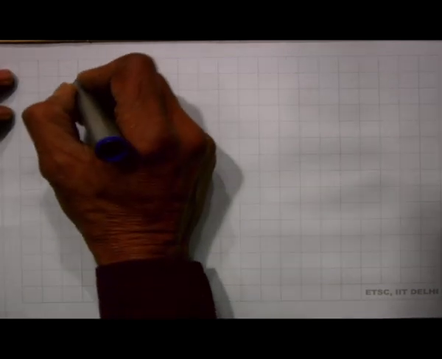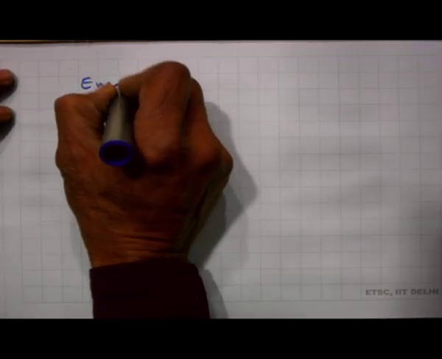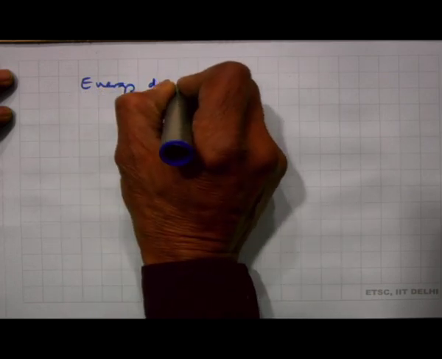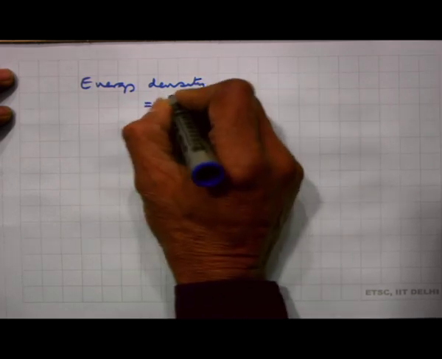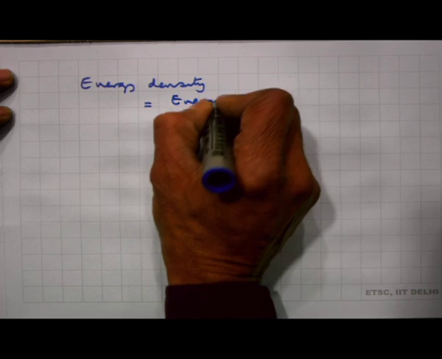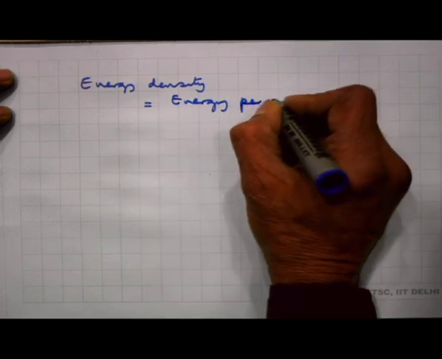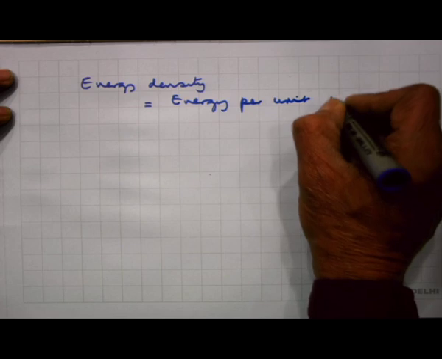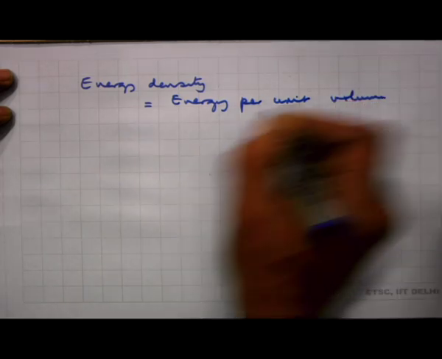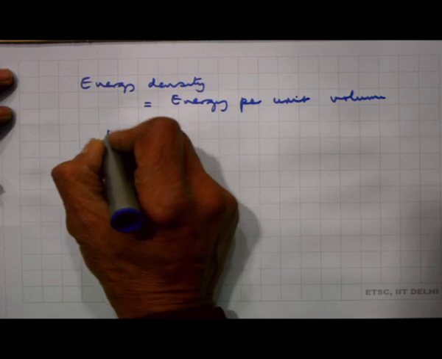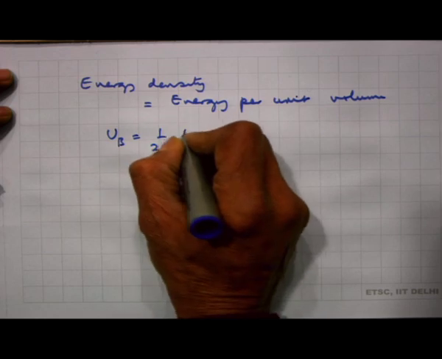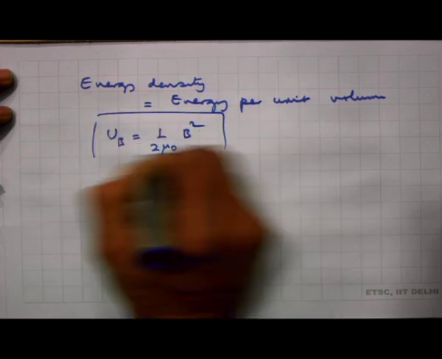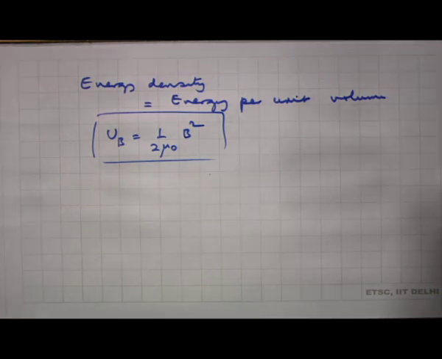So, I get an expression for the energy density, which is the energy per unit volume, U B is equal to 1 by 2 mu naught B square. That is a very important expression.